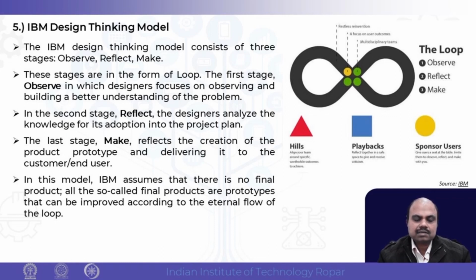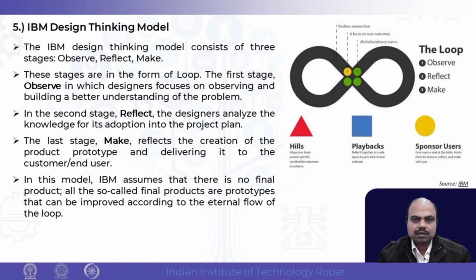The designers analyze the knowledge for adaptation into the project plan. The last stage is make, the creation of the product prototypes and delivering it to the customer and end user. In this model, IBM assumes that there is no final product. All the so-called final products or prototypes can be improved according to the eternal flow of the loop.